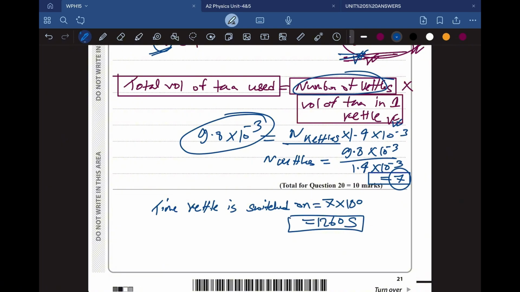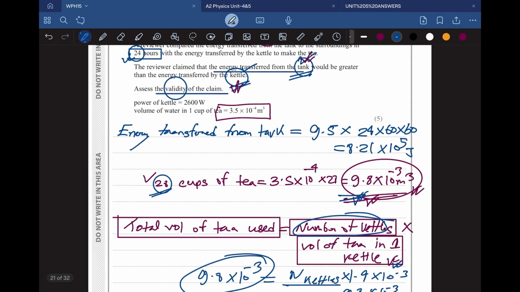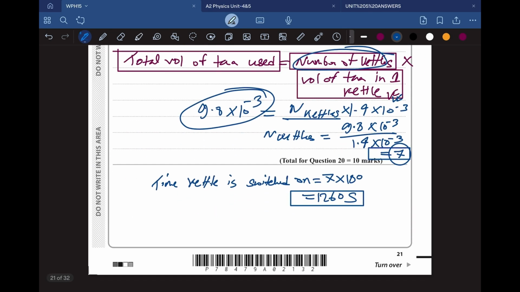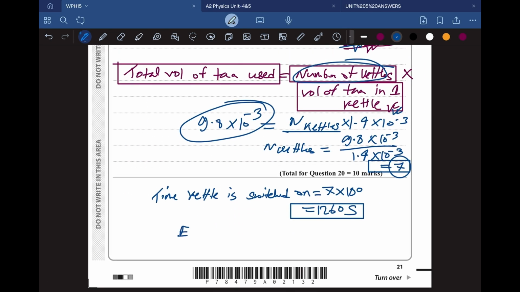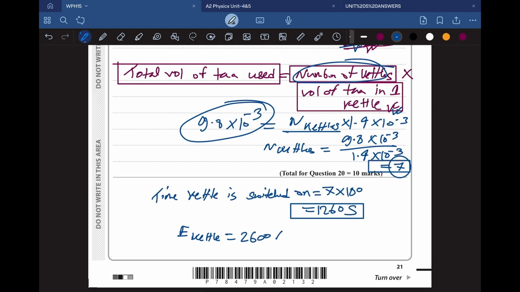Now we have got our time and we have got our power as well. The power of the kettle was 2600. Now we can easily figure out the energy transferred by the kettle, which will be equal to the power into time. Our power was 2600 multiplied by the time 1260, which will give us a value of 3.28 into 10 to the power 6 joule.